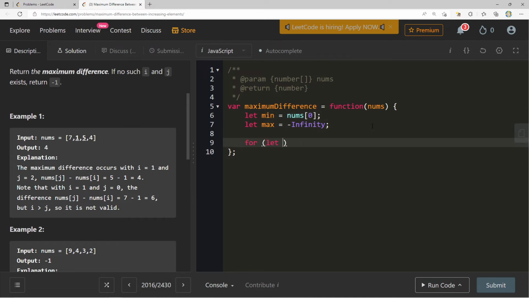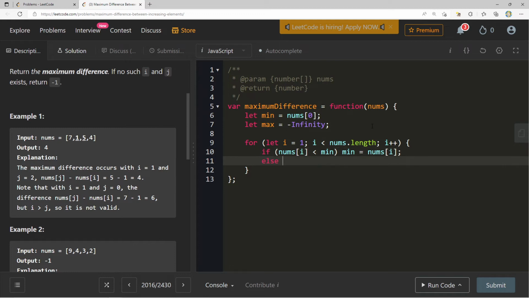Here we can say for let i, we can actually start at 1, i less than nums.length, i plus plus. If nums of i is less than min, then min equals nums of i. Else, what we want to do is say max equals Math.max of max, or nums of i minus min. And then finally, we should just be able to return min.